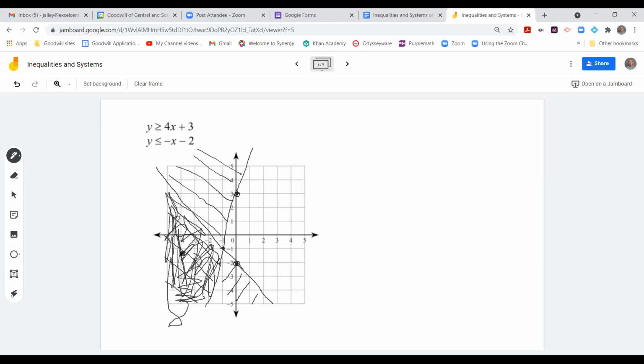This is my overlap area. You could draw those other lines for the solutions for each individual inequality. And there's nothing wrong with those, but they're not part of the solution for the system because they don't overlap.